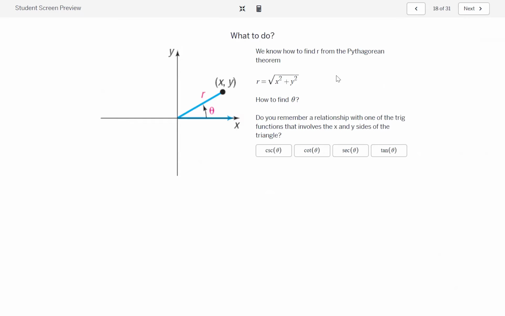So in order to figure out how do I go from the rectangular point to a polar point, I've got to think about my x, y in the diagram here. So I'm going to sketch the right triangle in.